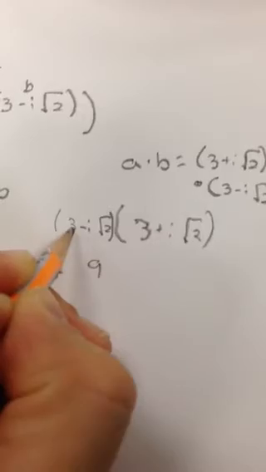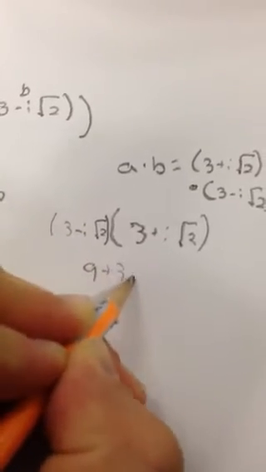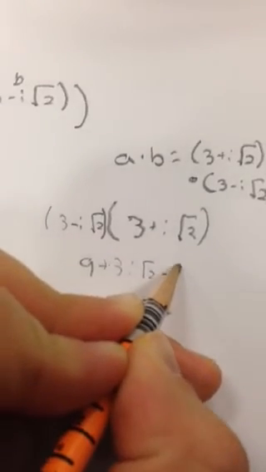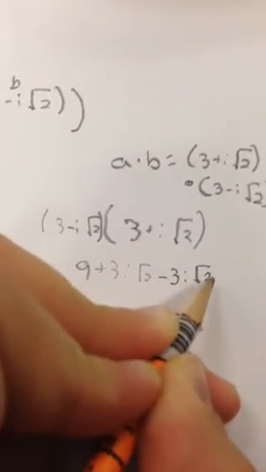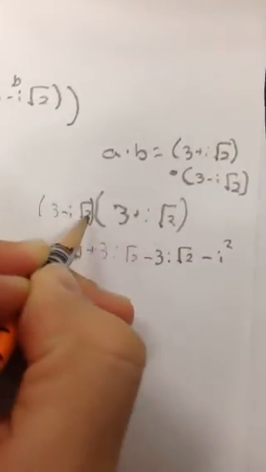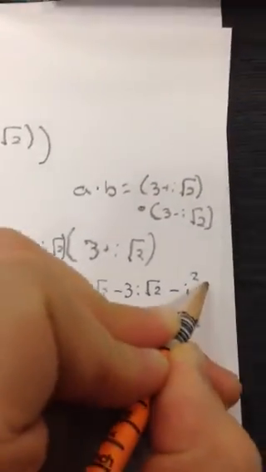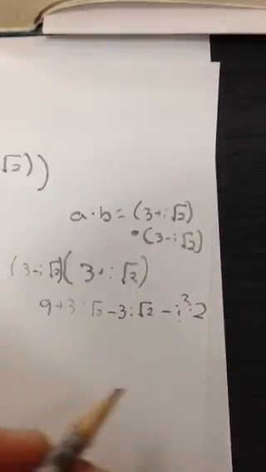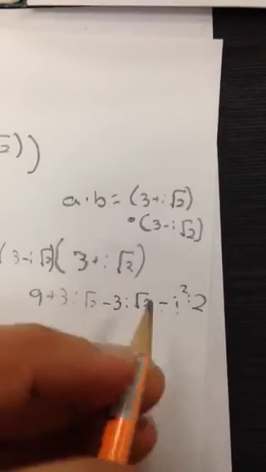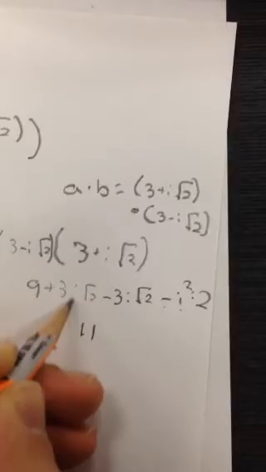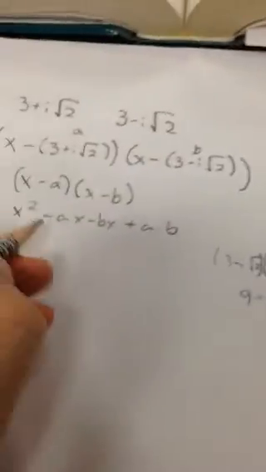We have 9, and this is plus 3i square root of 2, and then minus 3i square root of 2, and then we have minus i squared from the i times the i, and the square root of 2 times the square root of 2 is 2. i squared is negative 1, negative of negative 1 is positive 1, so positive 1 times 2 is positive 2, so we have 9 plus 2, 11. These two are opposites and they'll cancel out. So a times b is 11.